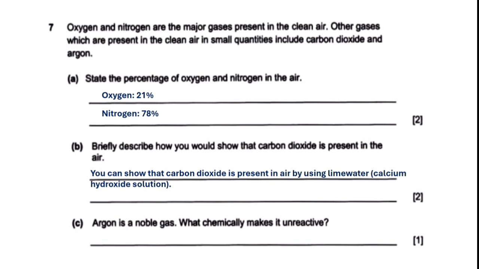So you bubble air through lime water. If carbon dioxide is present, the lime water turns milky. This is how we can know carbon dioxide is present in the air.